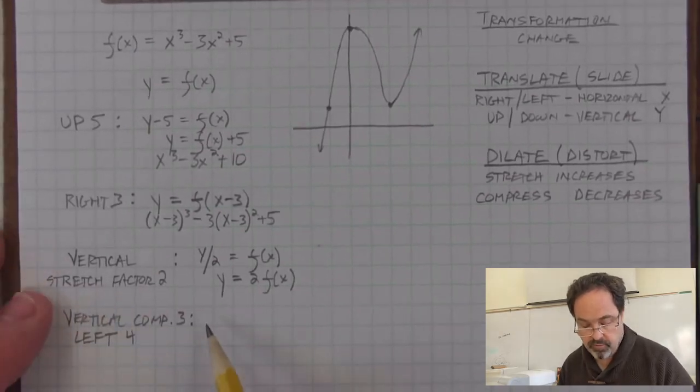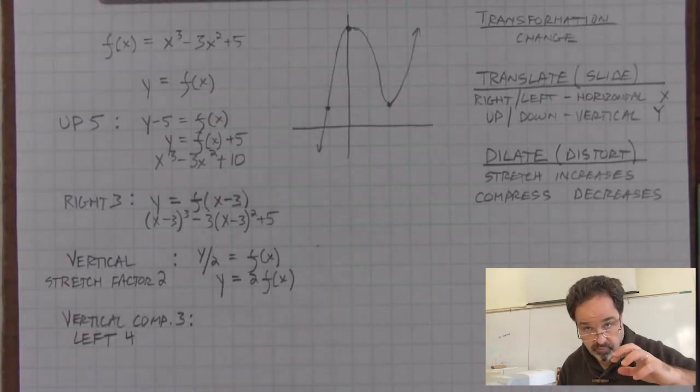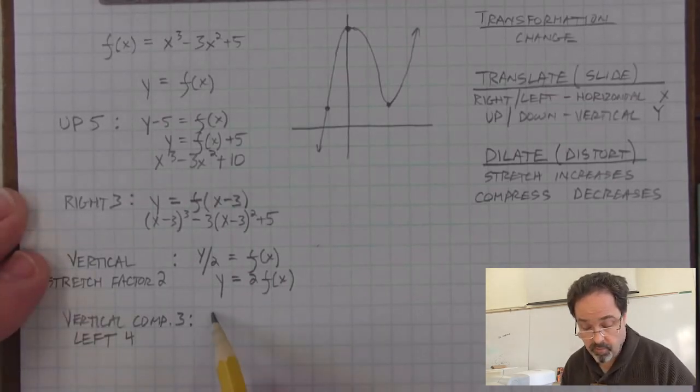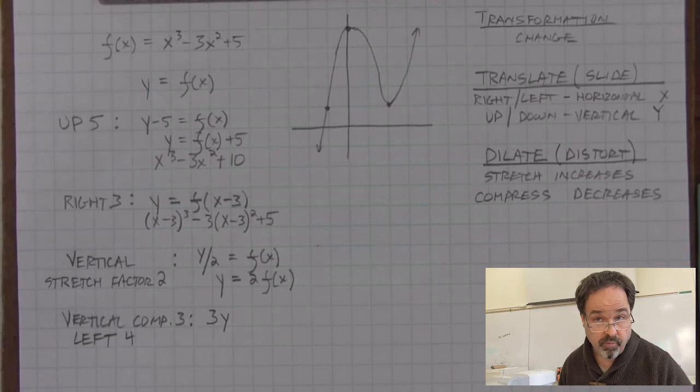A vertical compression is going to affect the y variable, the vertical variable. Compression, we think of, it shrinks distances. And to shrink distances, we think of division. But we accomplish it counterintuitively by multiplying. So we're going to multiply the y, or vertical variable, by 3 to affect a compression.